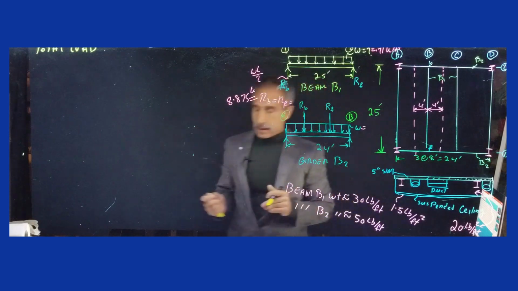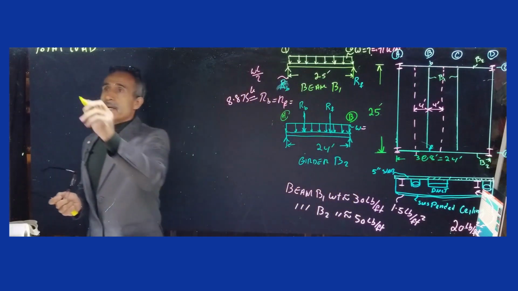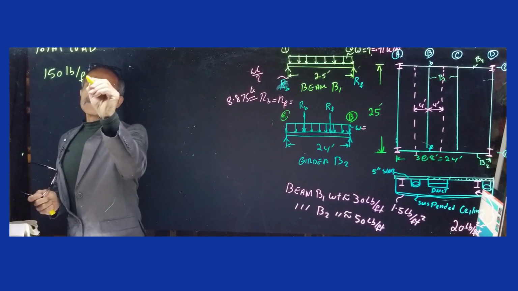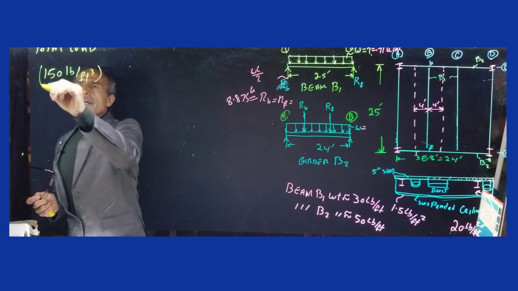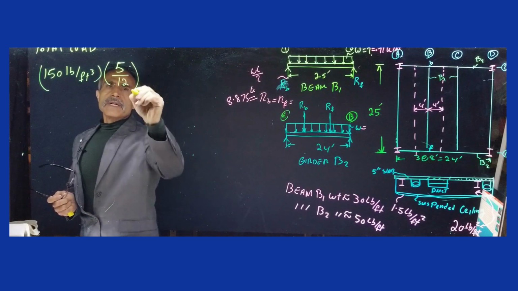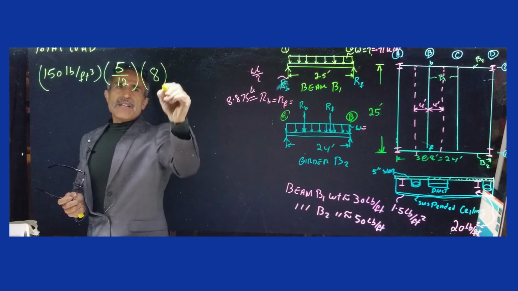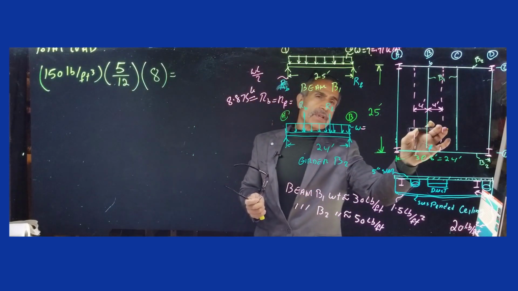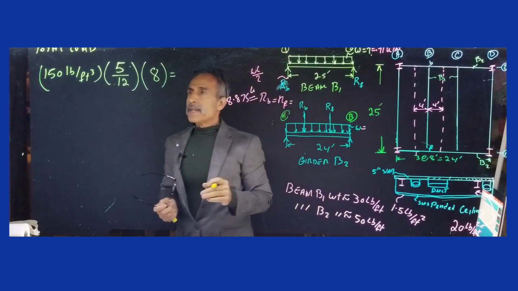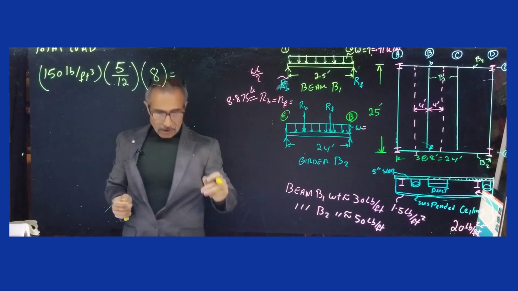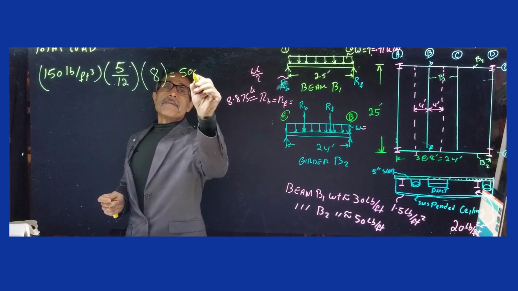Let's use the concrete slab first, and that's 150 pounds per cubic foot. Multiply by 5 inches divided by 12, and then multiply by 8, which is very important. 8 is the width of our tributary area, and that should give me 500 pounds per foot.